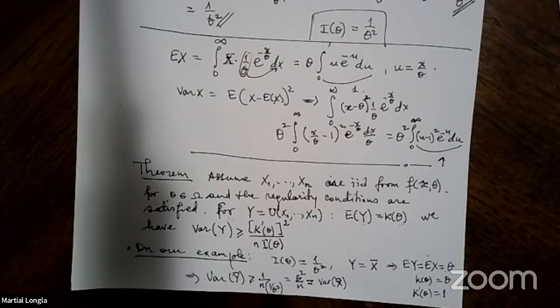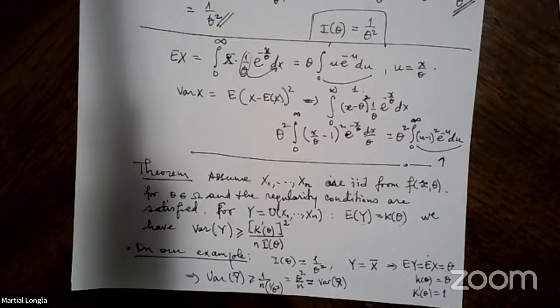Among linear functions, that would be the smallest you get, because the variance of anything is going to have to be larger than k prime squared over this. And in the specific case of x bar, you are hitting exactly that equality.